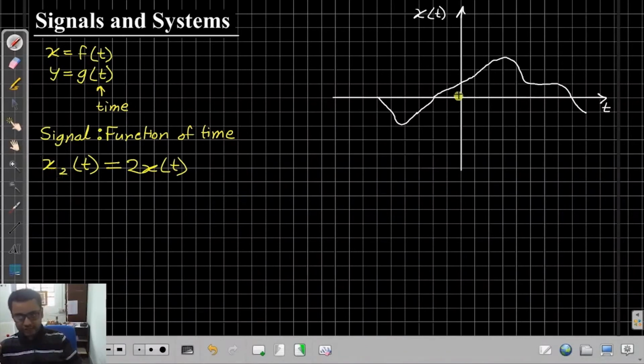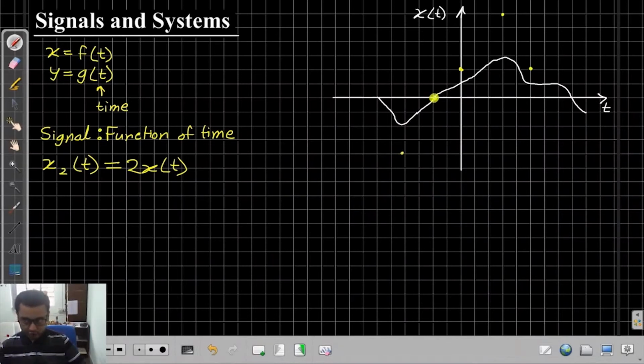It will look very similar to x of t, except that its height will be doubled at each and every instant of time. For example, here the height is 0, so it will remain 0. Here the height is 1, so it will become 2. Here the height is 3, so it will become 6. Here it will become 2. Here it will become minus 4, and so on.